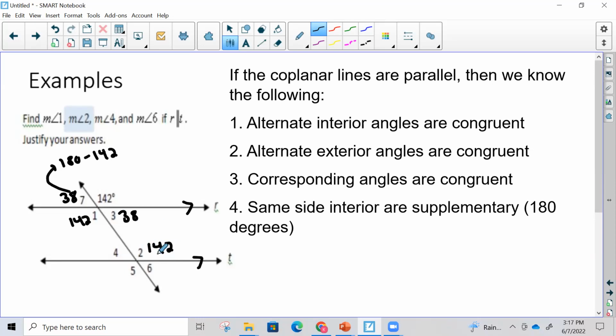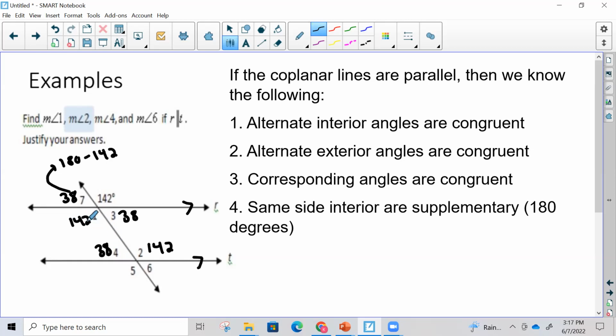Okay. Now, once you know that, you could find all the rest of them the same way we did here, but I'm just going to focus on the angle pairs. So angle 4, if I want to find that, angle 4 is corresponding to angle 7, so that's also going to be 38. Or we know that 1 and 4 are same side interior, so they're supplementary.